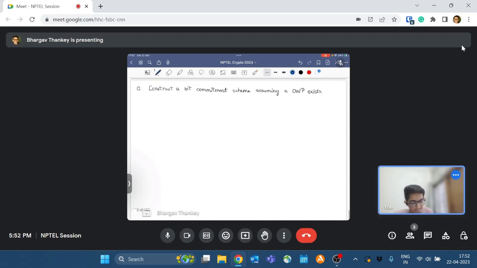So let f be a one-way permutation. Since it's a one-way permutation, I can assume that the domain and codomain are the same.